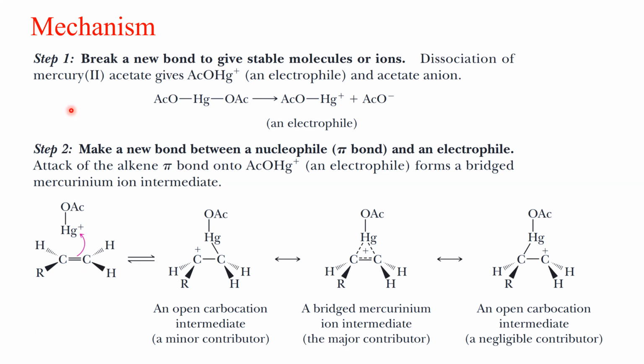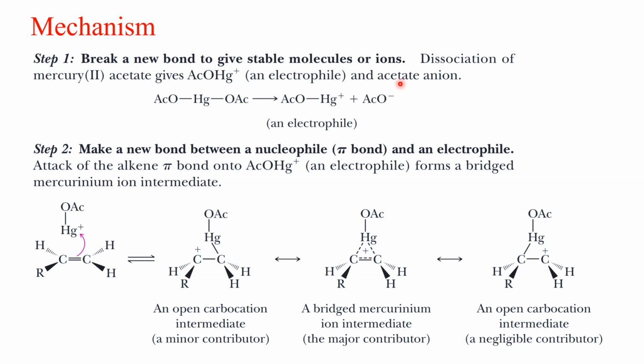So the very first step is this one, that we are using the mercuric acetate, and we know that we have to dissolve it in a water medium, which we are using as a solvent. The mercuric acetate ionizes so that it gives the mercuric acetate cation, and there is the acetate anion, right?